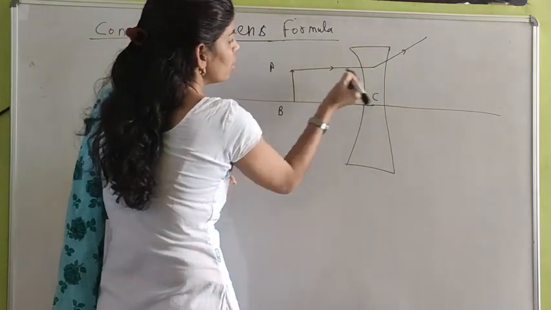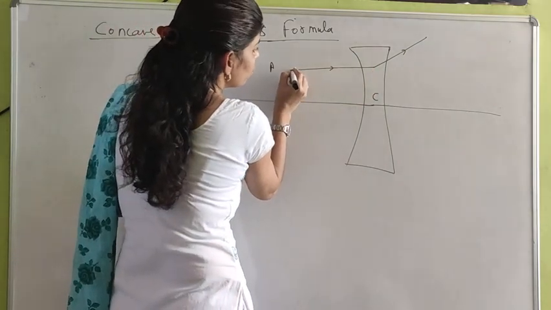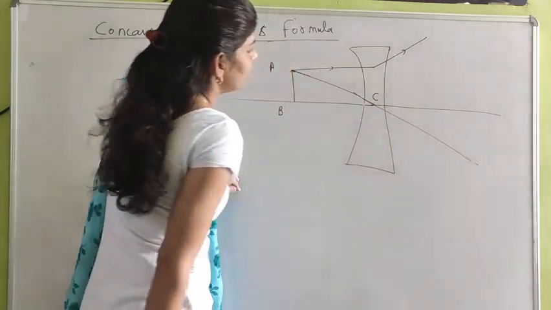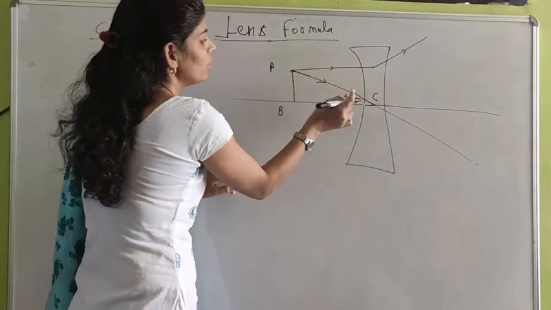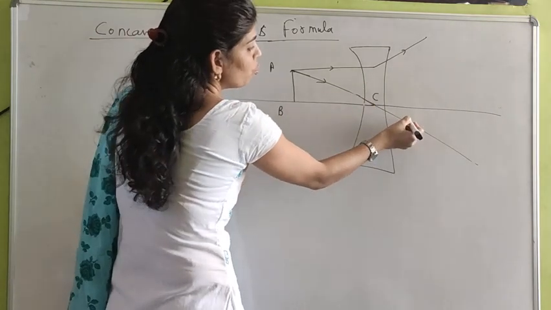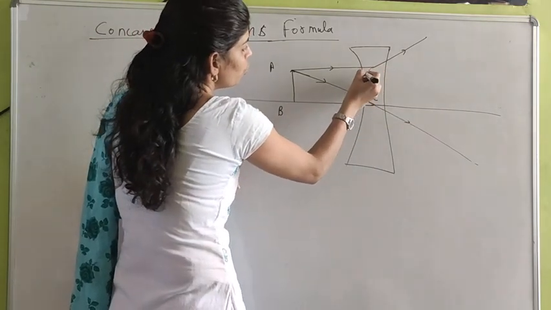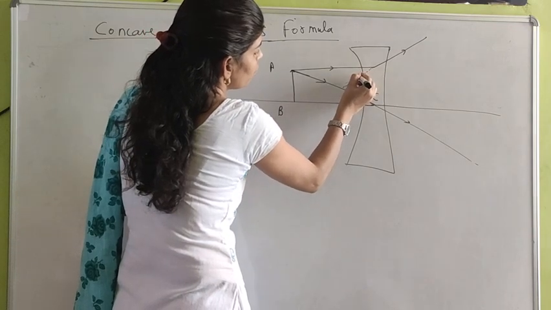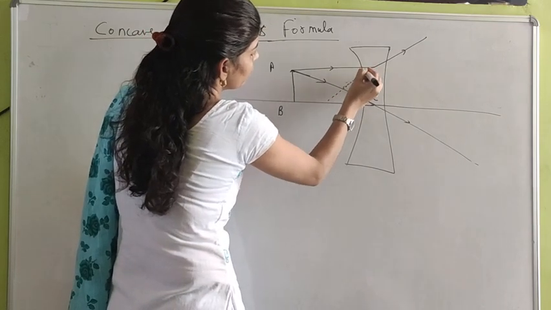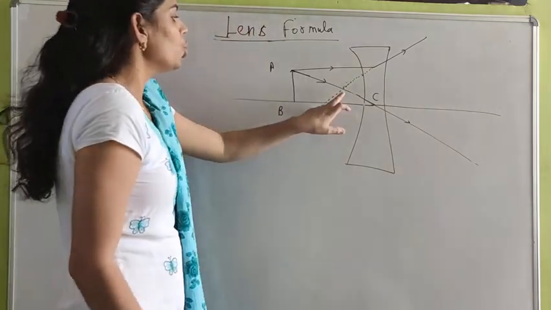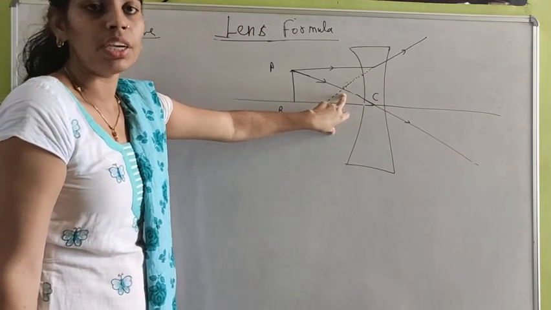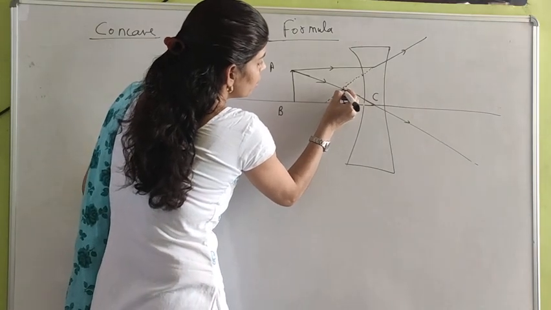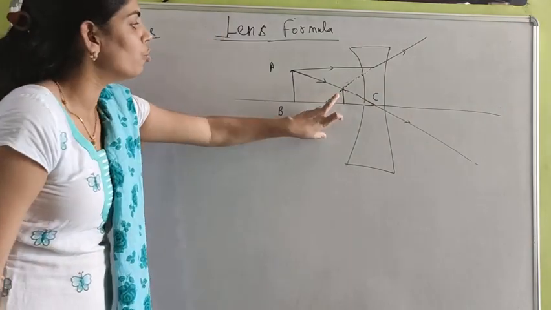Second ray from the object will pass through the optical center. So this is the second ray, but image is not formed. Now what we will do? We will produce the refracted path of first refracted ray backwards, and here the two rays will intersect each other and image is formed, and this image is a virtual image.